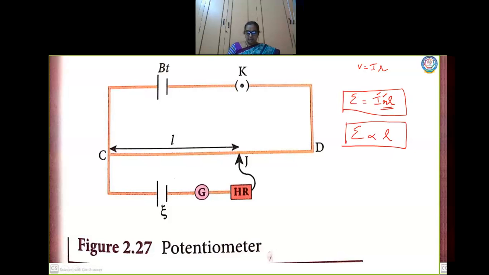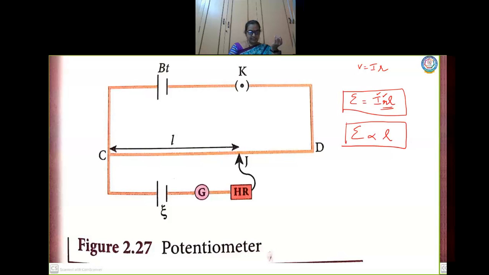Is it clear? Take your book, children, page number 113, Figure 2.27. Under that there is a paragraph which explains this. The first paragraph talks about how the potentiometer is, and the second paragraph is the principle of the potentiometer. What is the principle of a potentiometer?